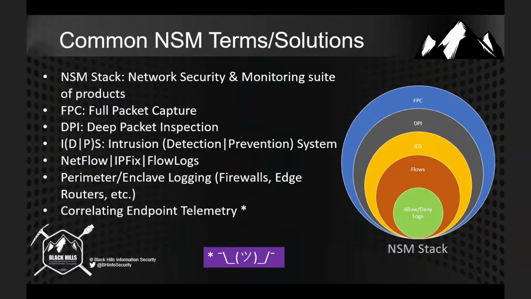Then you have your traditional IDS. I'm also including IPS in this. IDS or IPS, intrusion detection versus prevention, pretty much do the same thing, except one is passive. Detection just watches and is passive, whereas prevention systems are in line with the network traffic. If it sees evil over the wire and knows about it, it can drop that traffic before it gets to its destination.